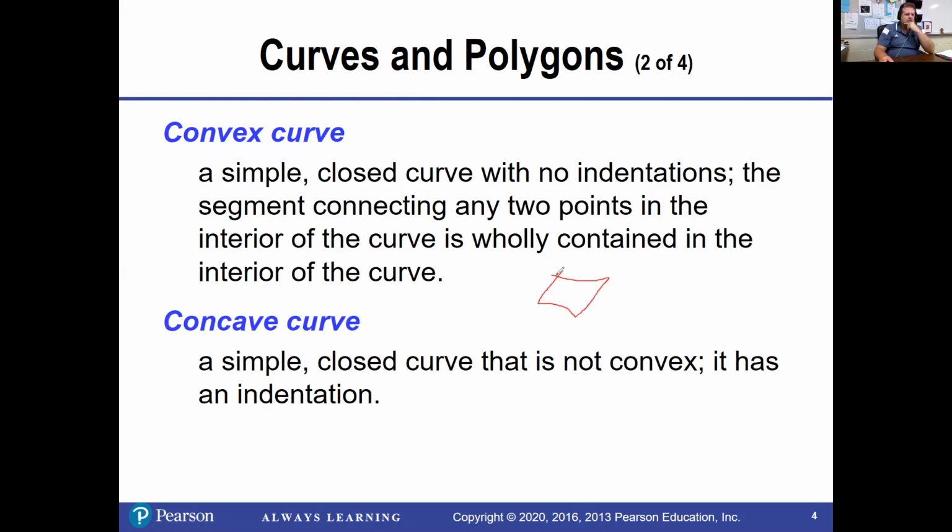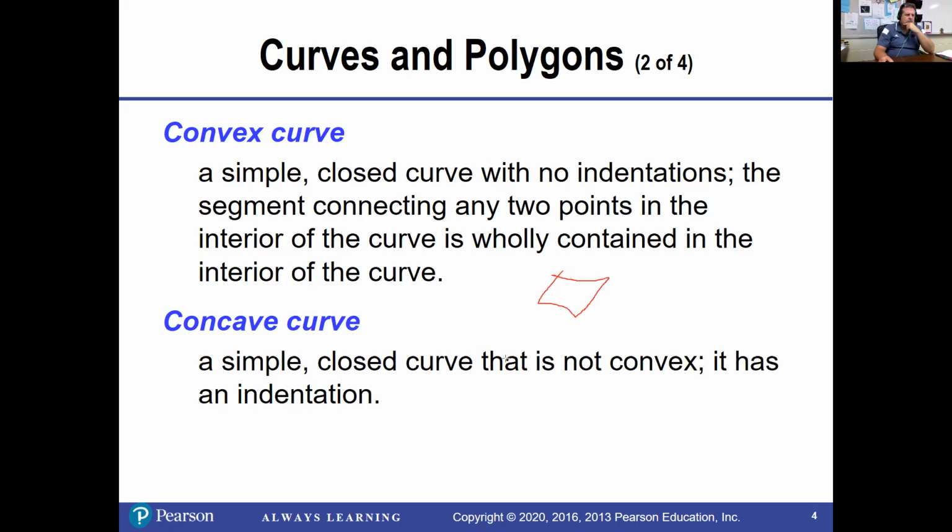Something like this is concave because of this indentation. Something like this is convex, and you have your concave.